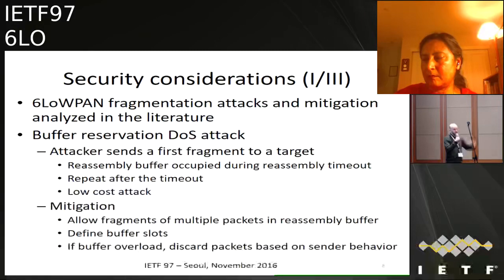And the attacker can just repeat the same operation after the timeout. So this is actually a quite low-cost attack, which is linear with the number of reassembly buffers that the receiver has. Mitigation would be trying to increase the cost for the attacker, for example, by allowing fragments of multiple packets in the same reassembly buffer. And if there's some buffer overload, then some packets could be discarded based on analyzing the sender behavior. Next, please.